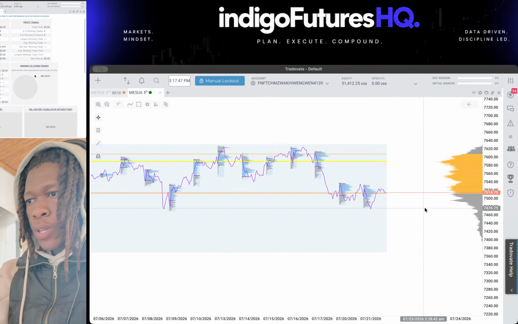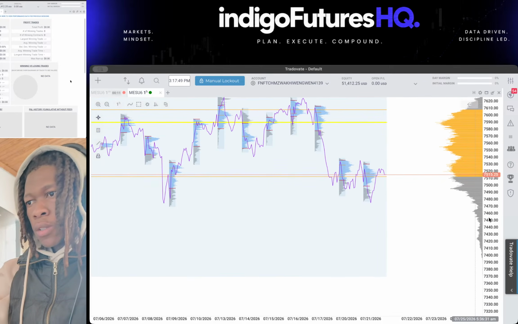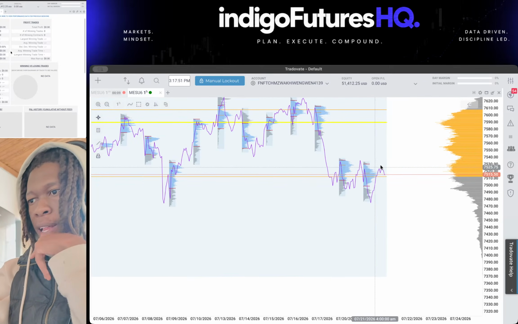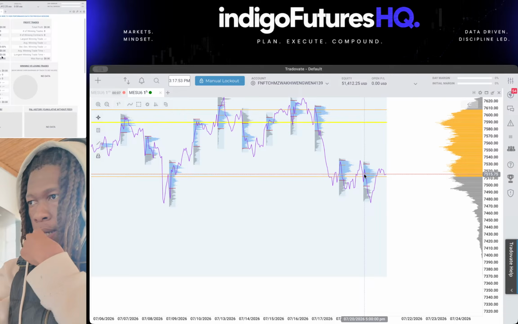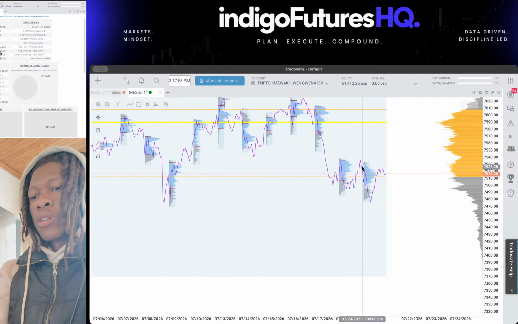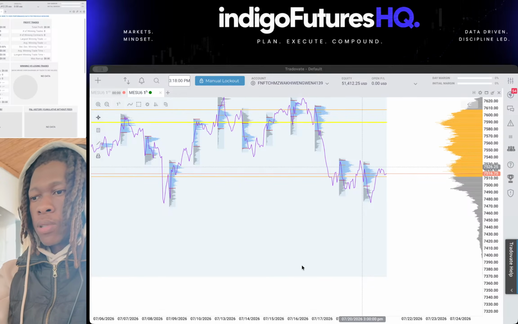And right now we are round about the value area low. Yesterday's value dropped the volume just a little bit.